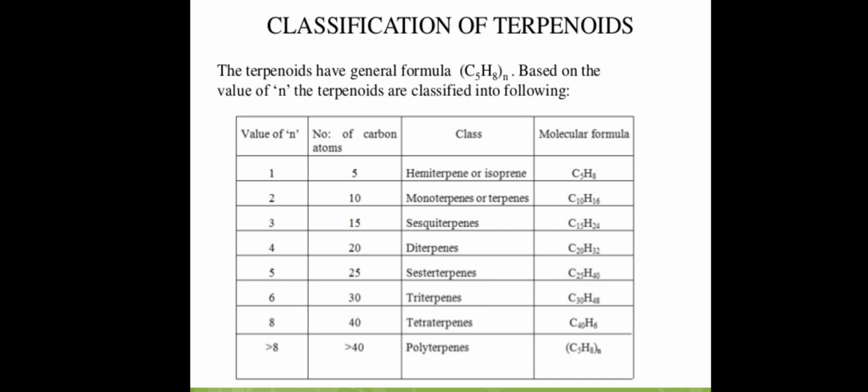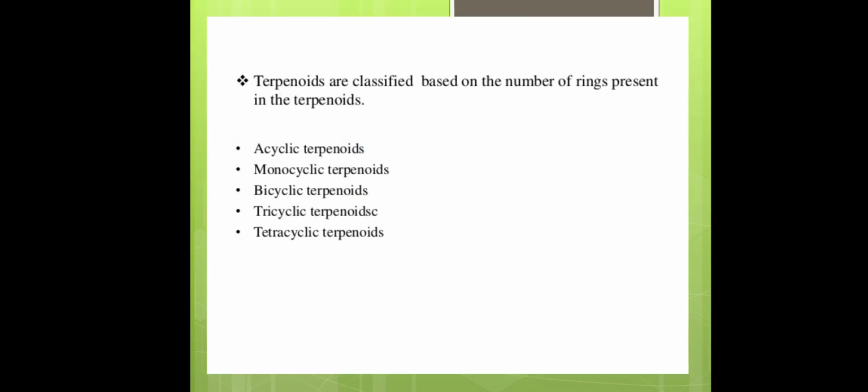On the basis of the number of carbon atoms, the classes are hemiterpene, also called isoprene, then monoterpene, sesquiterpene, diterpene, sesterterpene, triterpene, tetraterpene and polyterpene. The molecular formula is mentioned for every class, and the value of n is variable for different classes.